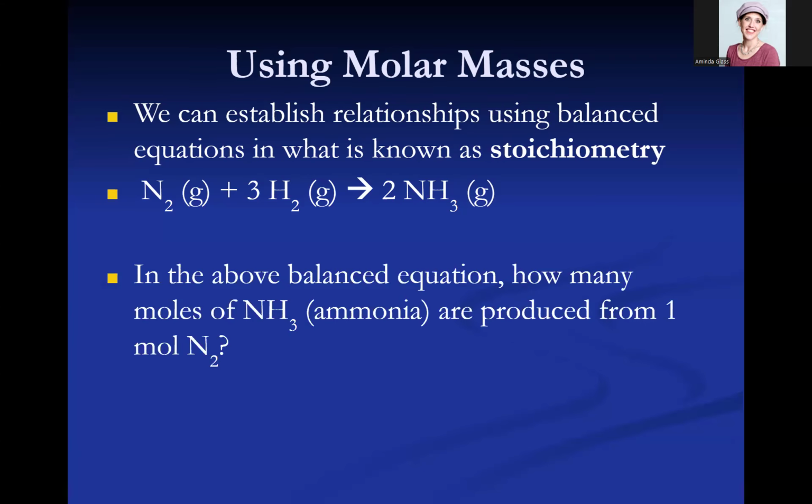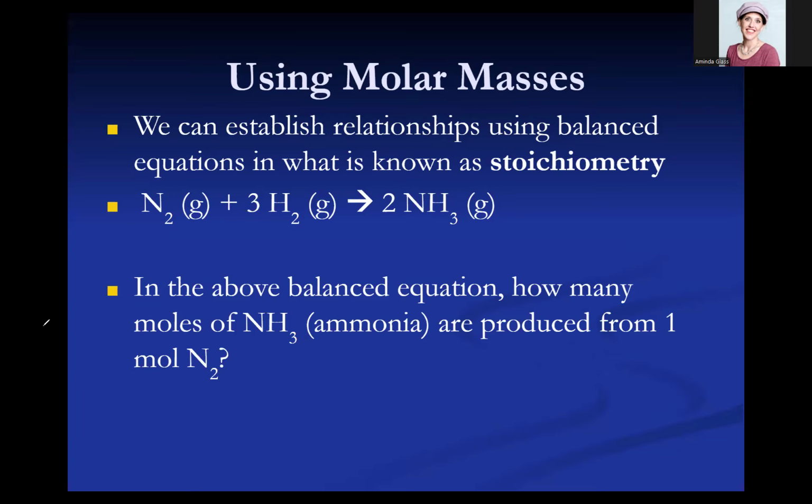In this above balanced equation, we want to know how many moles of ammonia are produced from 1 mole of N2. So if I look, here I have 1 mole of N2, and if I start with 1 mole of N2, I can make 2 moles of NH3.